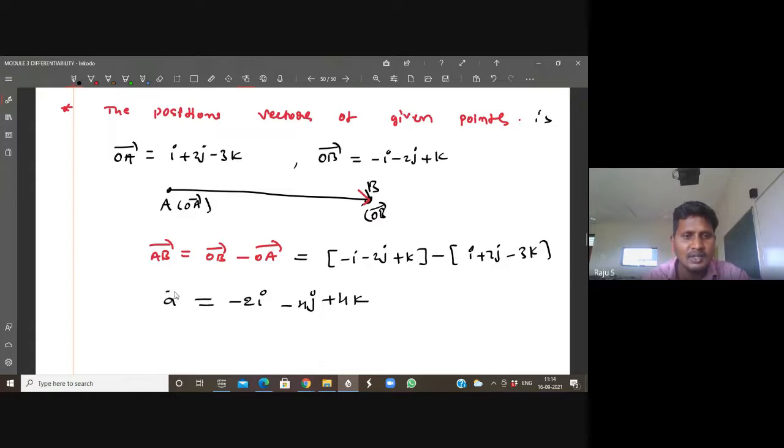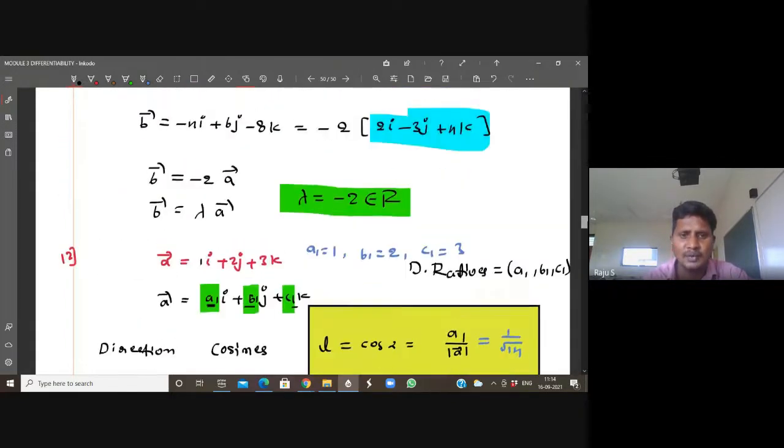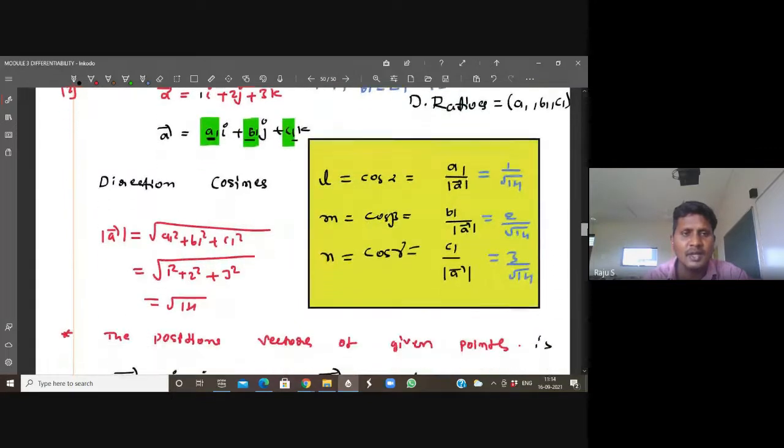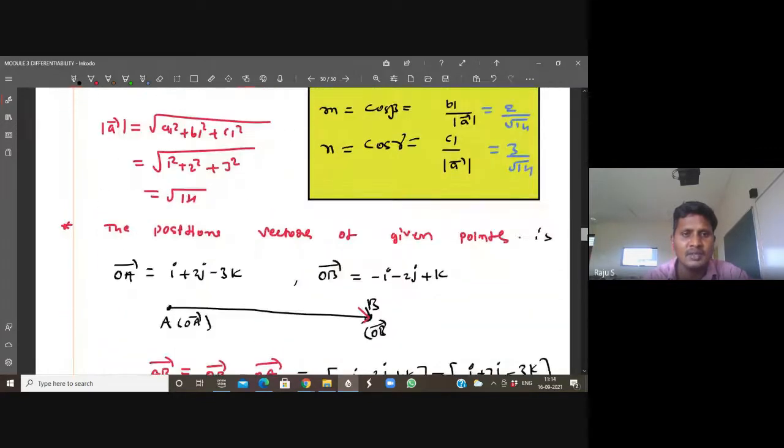I am taking this vector as the A vector. Same procedure as previously, where I compared with a1, b1, c1.